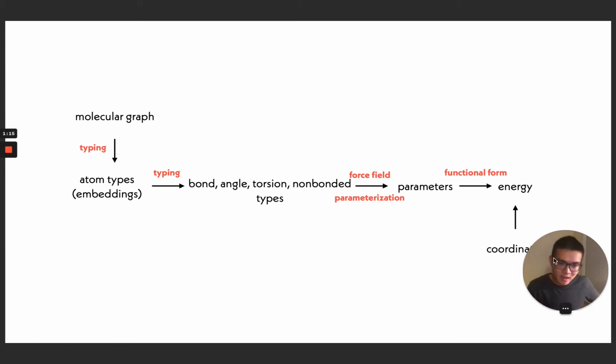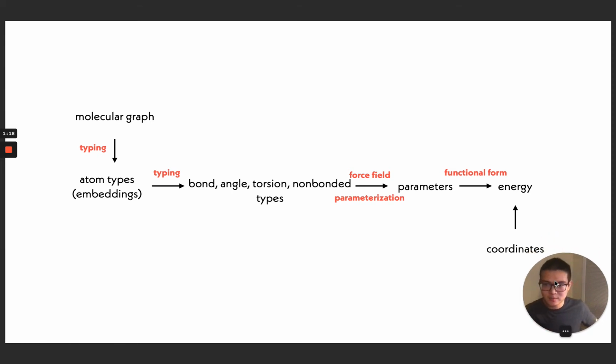And you combine and compose the atom types to come up with bond, angle, torsion, and non-bonded types. And from there, you have a tabulated set of parameters attached to each of these atom, bond, angle, torsion, and non-bonded types to come up with a parameterized system, which can take coordinates to come up with energy.